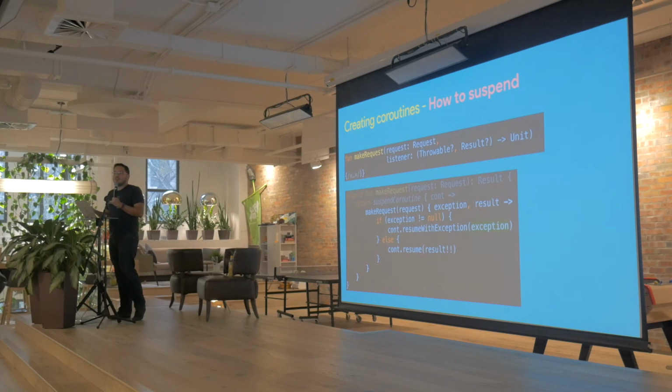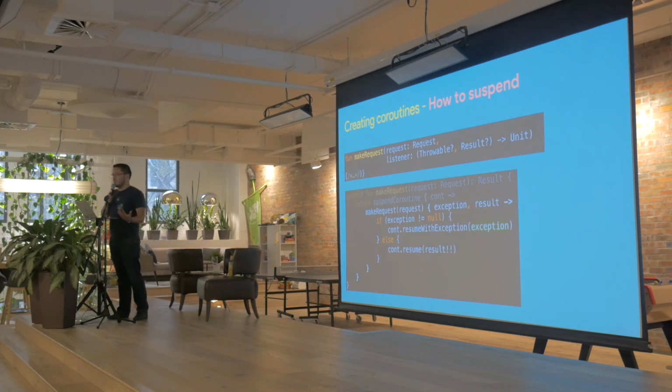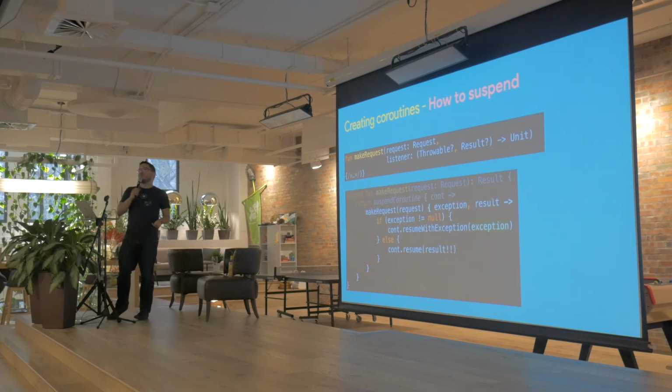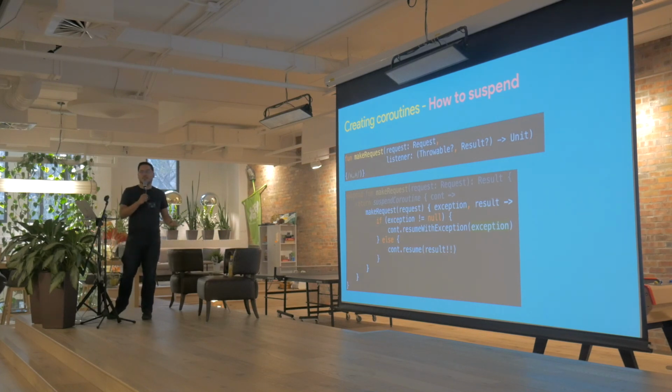If it's not null, that means there is an error thrown, and then I can just get my continuation and say resume with exception. If not, I can say resume with the result. That's it. That's all you have to do if you ever want a method that uses callbacks to work with coroutines. That's what you have to do to transform it into a suspend method.